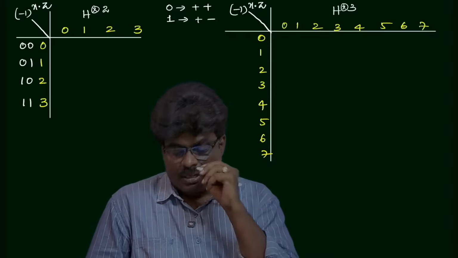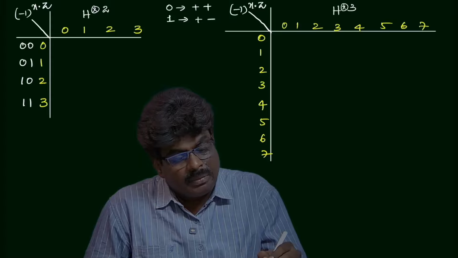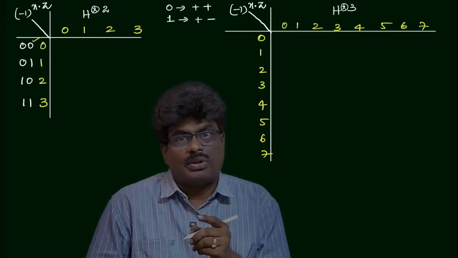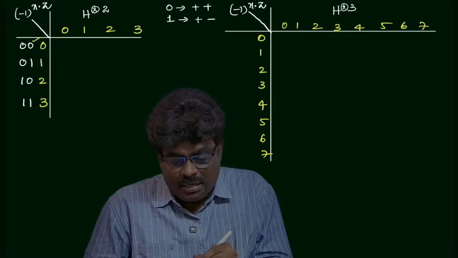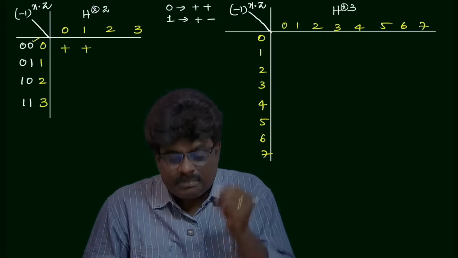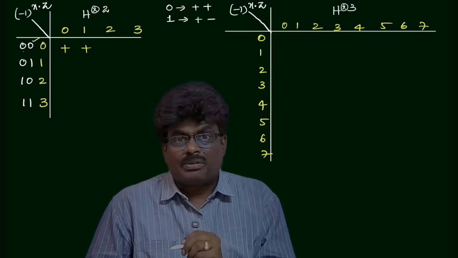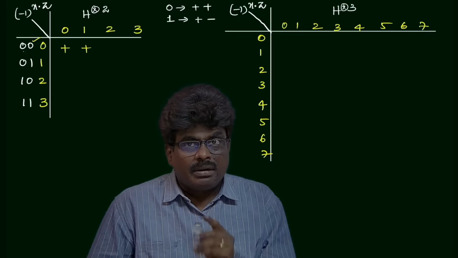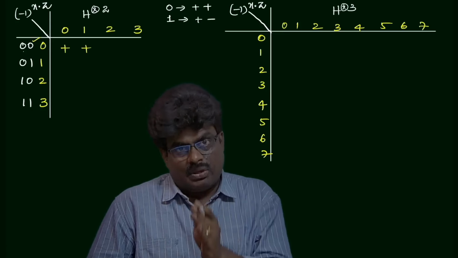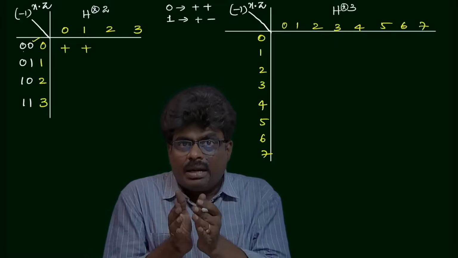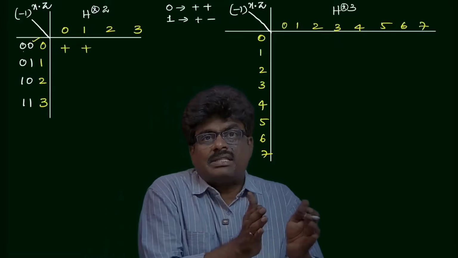Okay, right. Now first, the starting one. Could you please check what is the starting bit? It is 0, so you have to write plus plus. Next one is what? 0. Remember, if the next bit is 0, whatever you had earlier, you repeat all of it again.